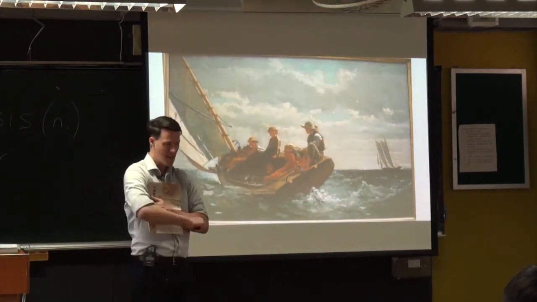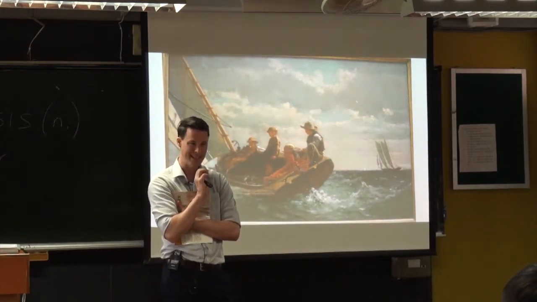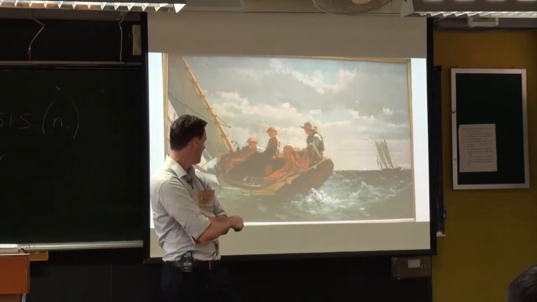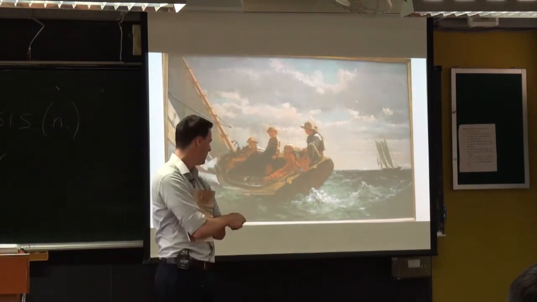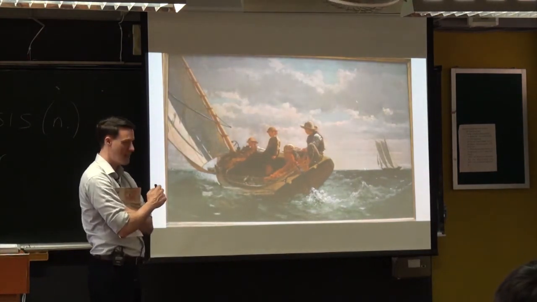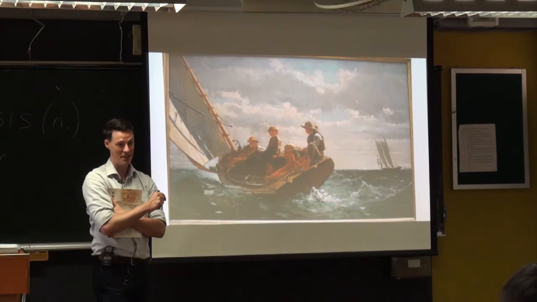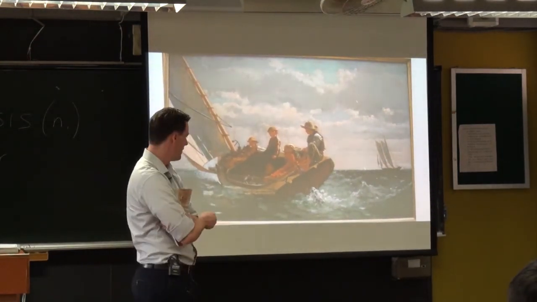So this painting looks like it might be a little bit dangerous, right? Like maybe their boat is going to fall over. But you know, there's lots of hints in the painting that suggest that it's not very dangerous.